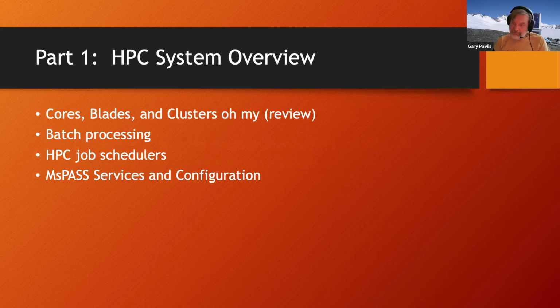First of all, I want to remind you of the introductory lecture I had online before you started class. Some terms, cores, blades, I assume you know that by now. What I really want to talk about and introduce today is something that might be foreign to some of you, called batch processing. I'll talk about that in a second.